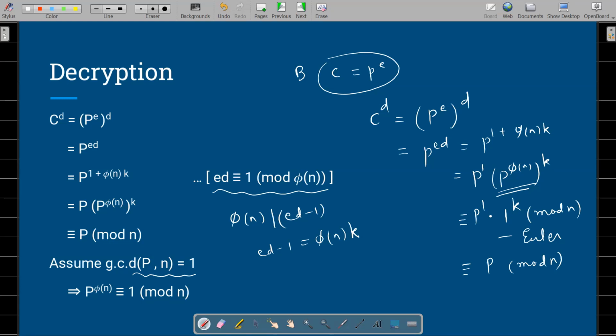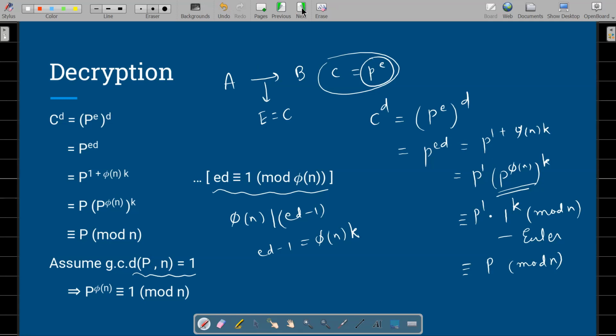Suppose A is sending a message to B as P raised to E, which is C, and suppose Eve intercepts that message. How should Eve get back the original message? Essentially, to get back the original message, what B or Eve wants to do is C raised to D, right?